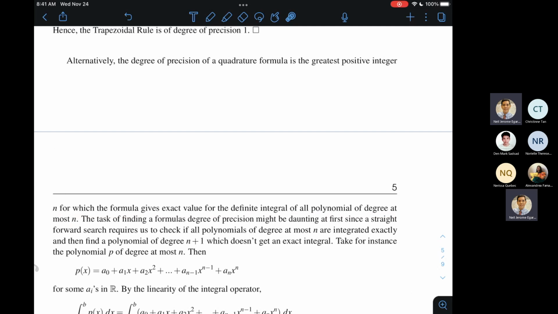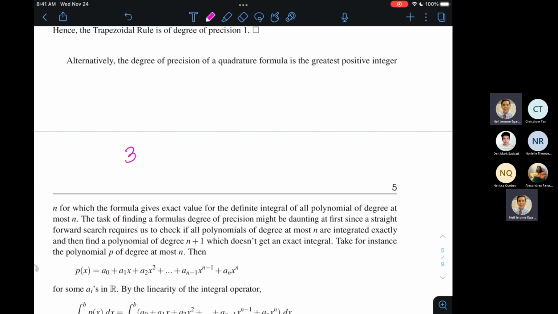So, ibig sabihin, pag in-apply ko, halimbawa, kung meron akong degree of precision 3, okay? Yung quadrature rule, ibibigay niya sa akin eksakto yung integral ng kahit anong polynomial with degree 3 or less, pero merong isang polynomial of degree 4 kung saan hindi na eksakto yung binibigay niyang approximate para sa integral.